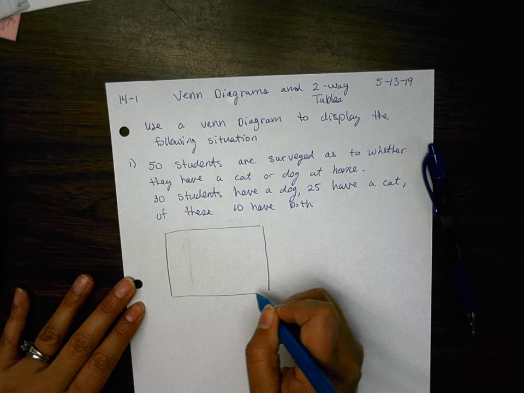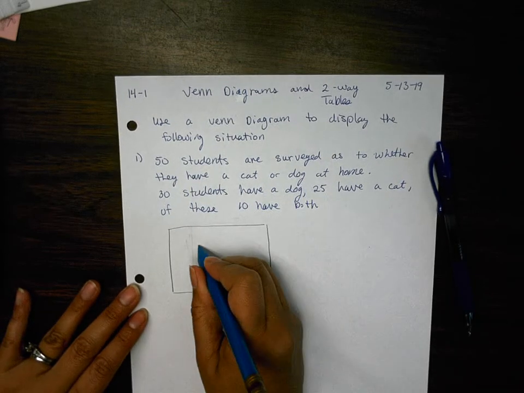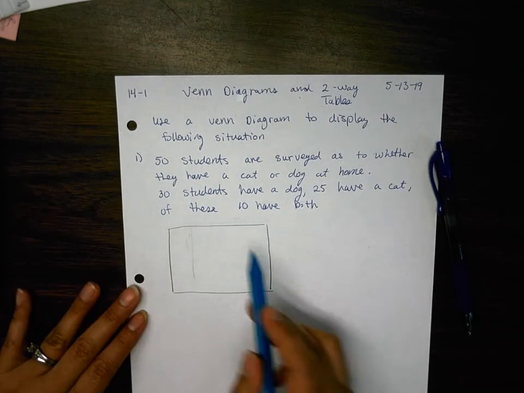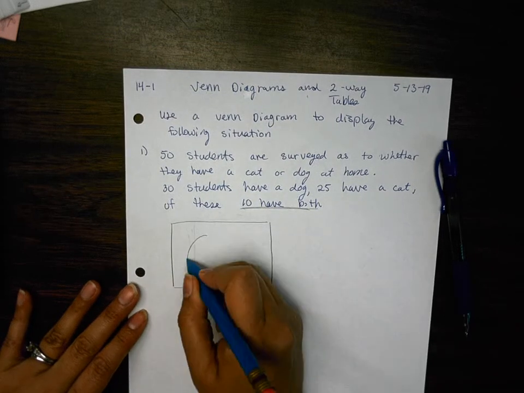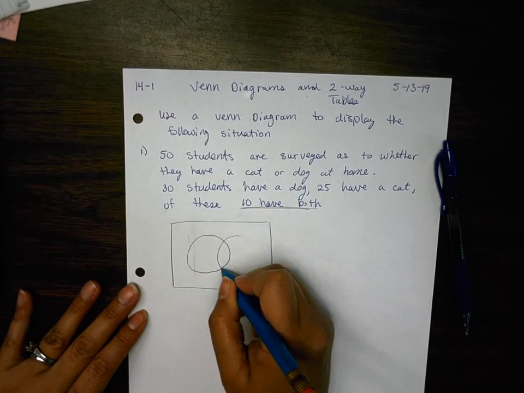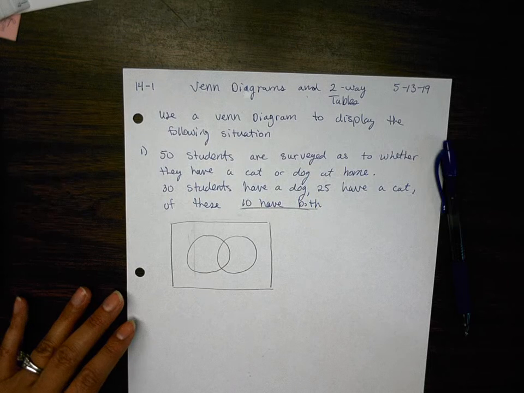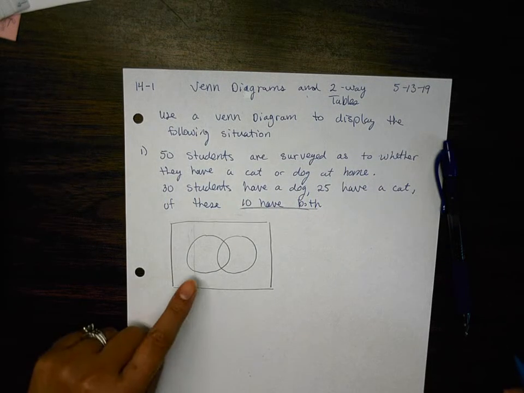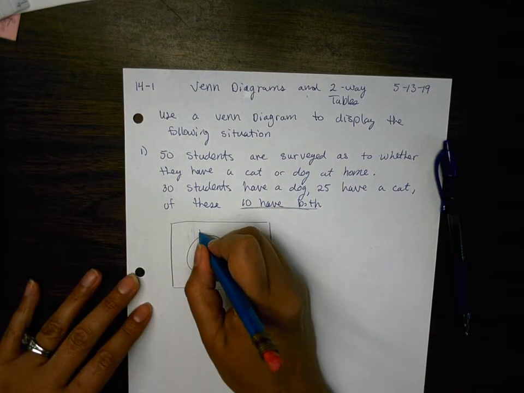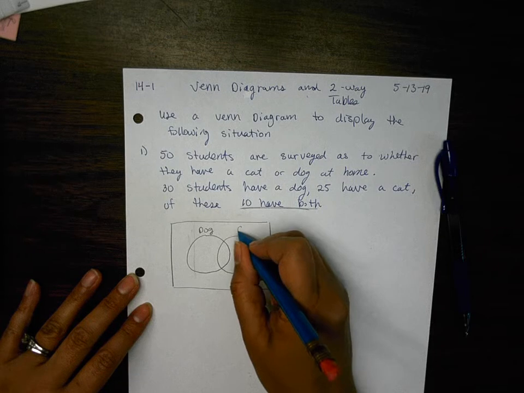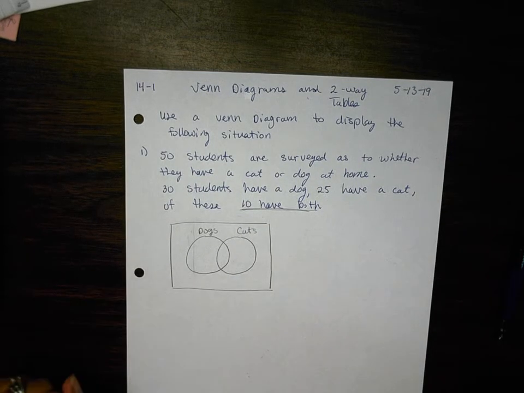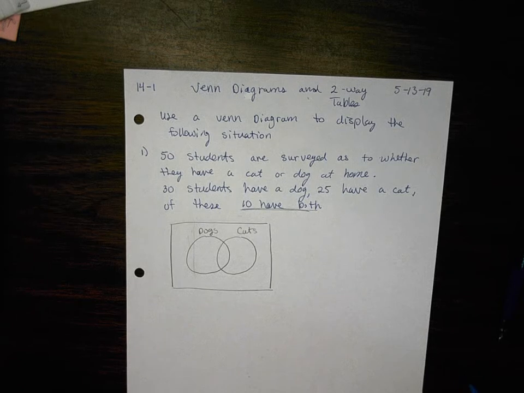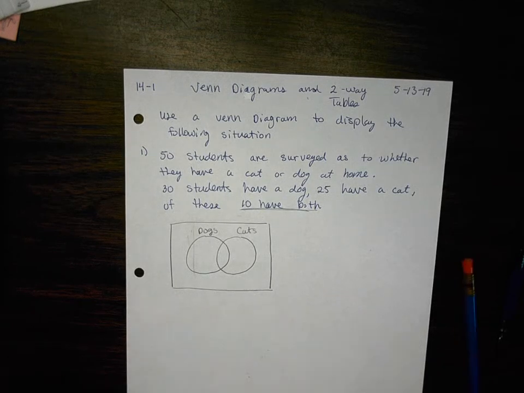Okay, so let's figure out. So is there overlap? 10 have both. Is there overlap in this Venn diagram? Yes, there is not always going to be overlap, but there is overlap in this problem. Okay, we'll call the first one dog, the second circle cat, and we'll put dogs, cats, because they could have more than one.